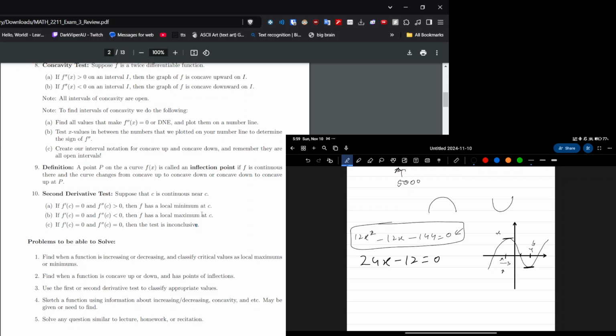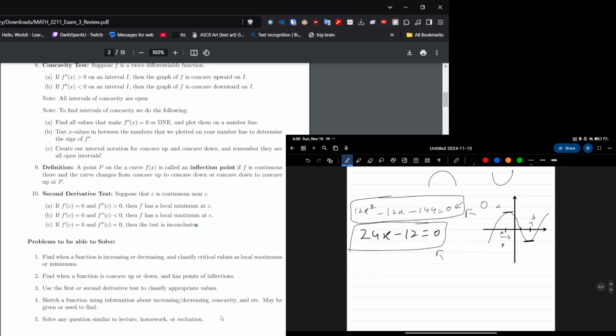And if I plug it into the second derivative, it tells me whether the graph is concave up or concave down. So if the first derivative gives me 0, and the second derivative's value is bigger than 0, then it should have a local minimum.